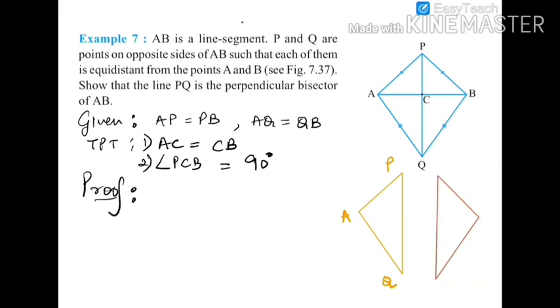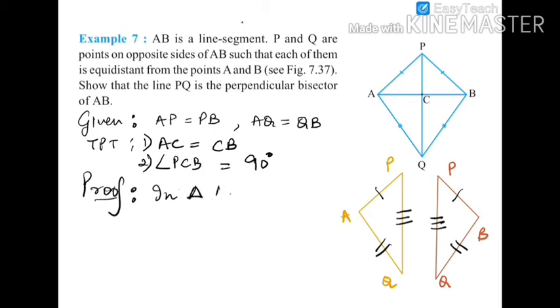And this is triangle PQB. In these two triangles, let's mark the equal sides. AP is equal to PB, AQ is equal to QB, and PQ is a common side. Let's start by mentioning the triangles that we are considering.